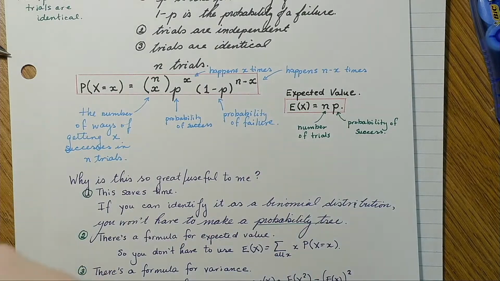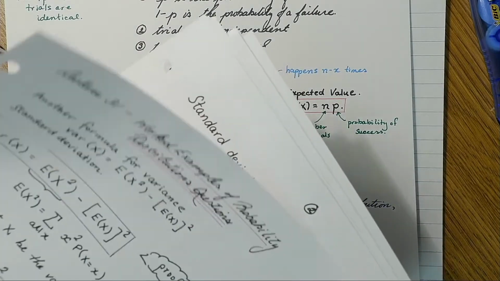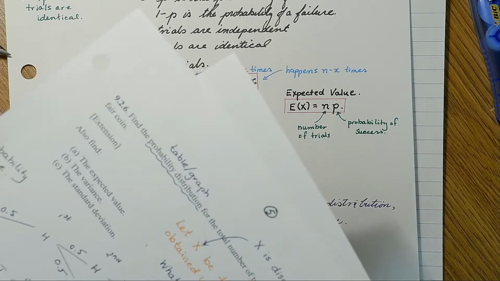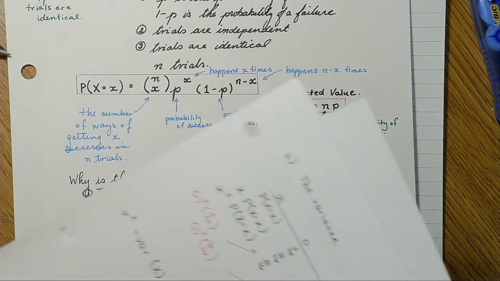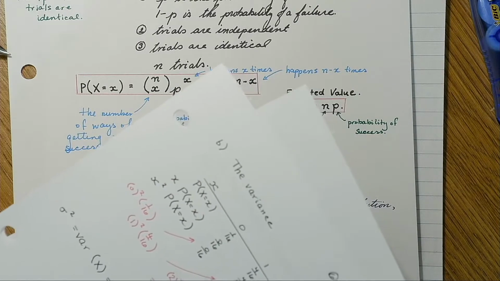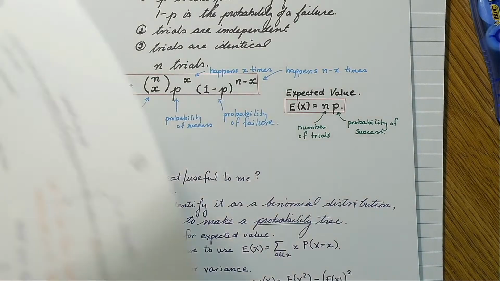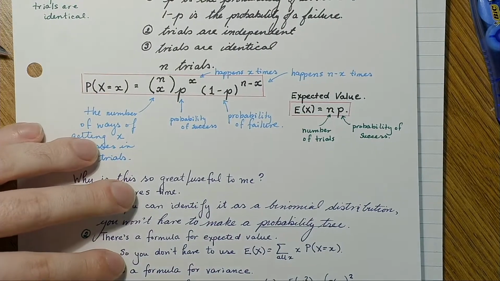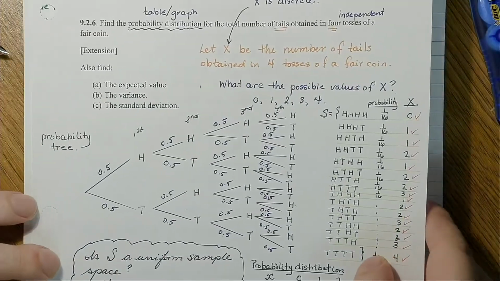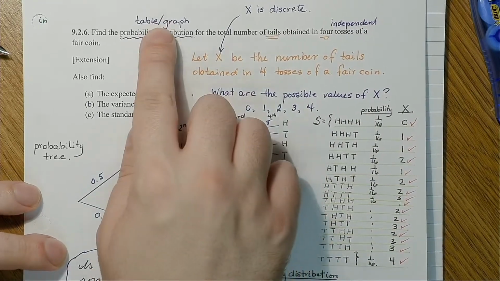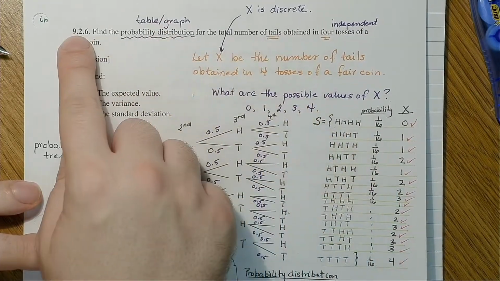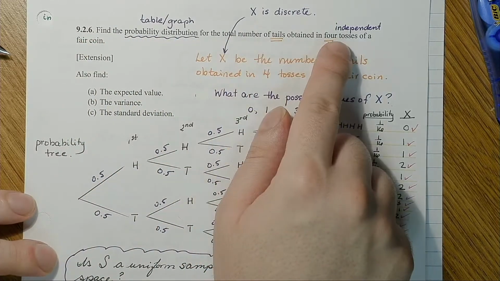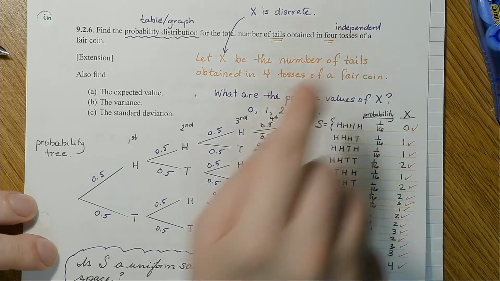So what I can do is flip back to this one that we had done previously. Notice, this is a different one. This is exercise 9.2.6. We had the total number of tails obtained in 4 independent tosses.